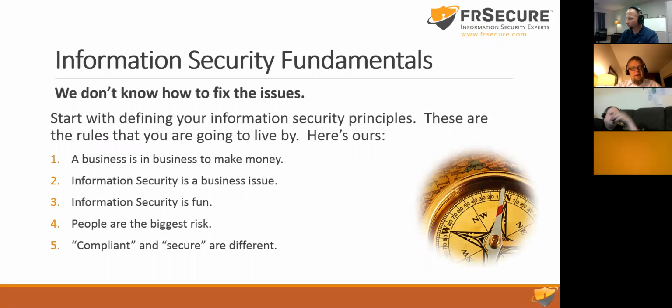So out of all these things, and this is what we at FRSecure, we have these 10 things printed out for everybody. They're pegged on people's desks. These are things that we keep in mind all the time as we're building security programs and working in information security. Number 1, a business is in business to make money. People will not argue with that.